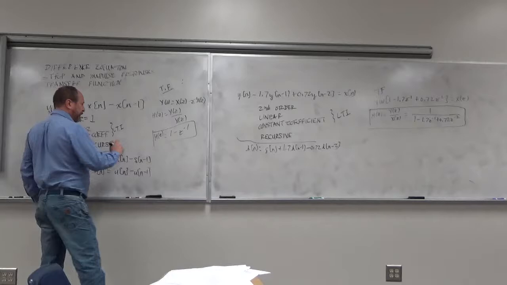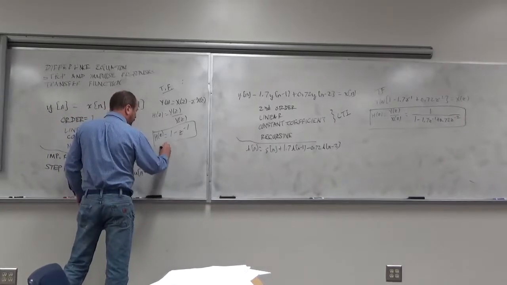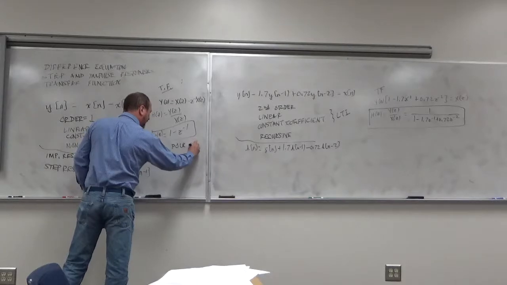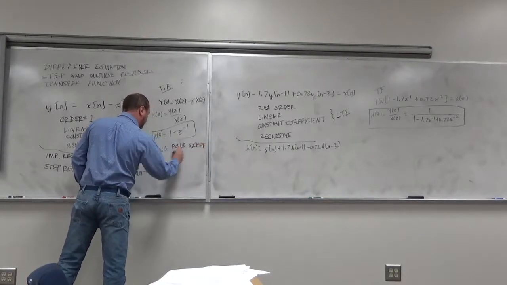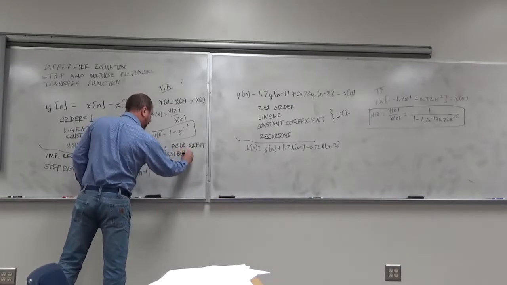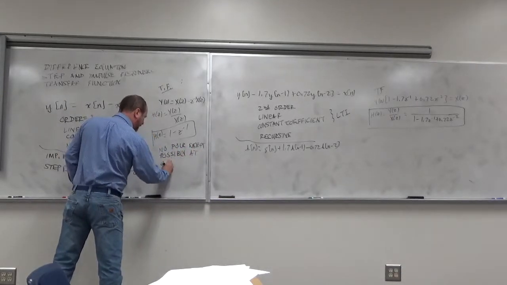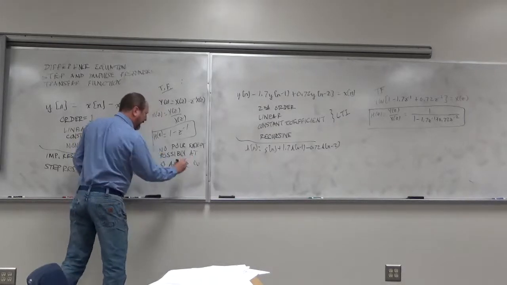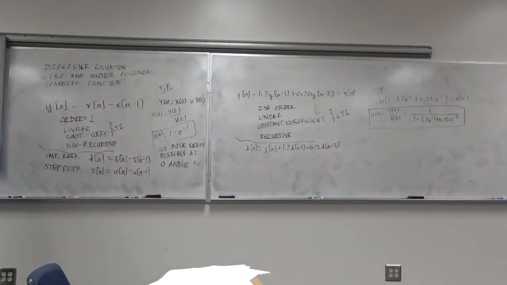Non-recursive systems have no poles except possibly at 0 and or infinity. Does that have a pole at 0 or infinity?